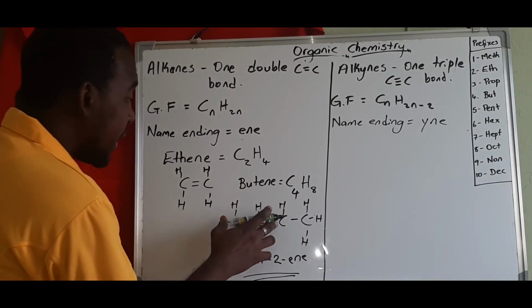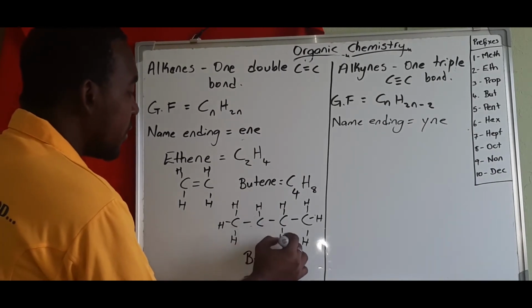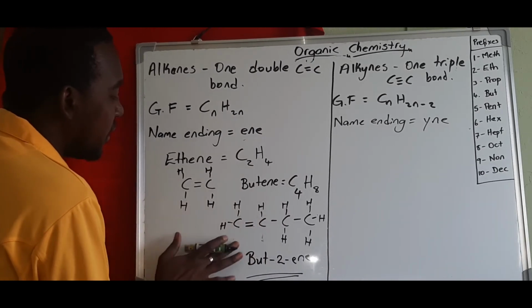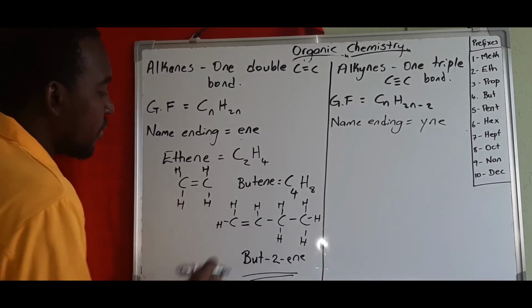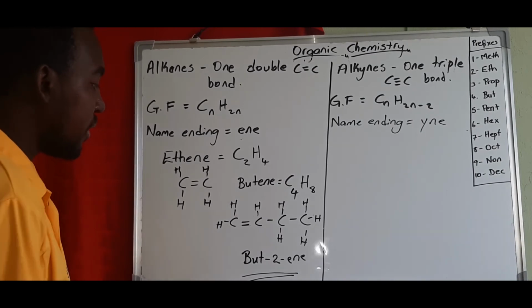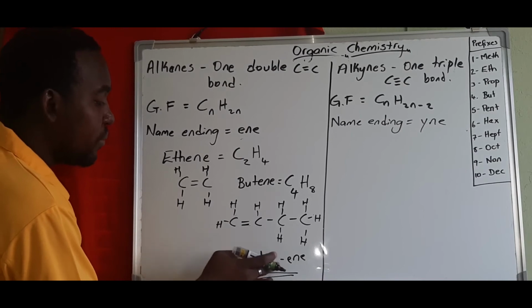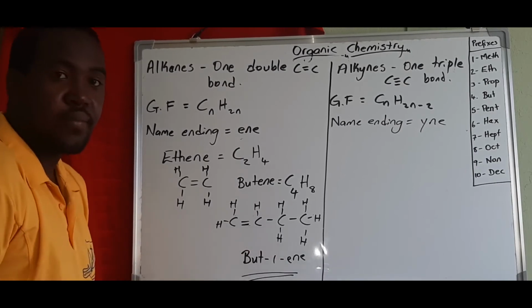Well, let's say we had the double bond on this one here. It now is on the first. So in this structure, it would be but-1-ene.